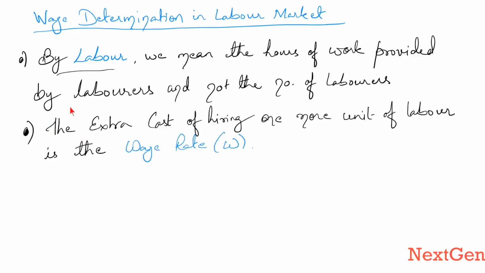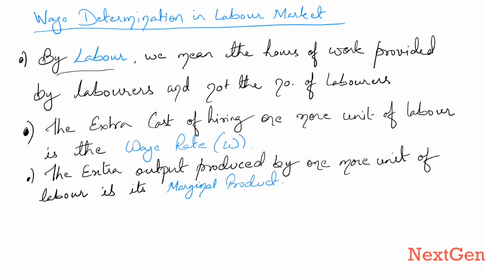Suppose we hire 10 people for 2.5 hours, then that cost will also be equal to 5 people for 5 hours, because the hours of work that we are getting is the same. That is the wage rate, the cost that we incur for hiring that extra hours of labor.